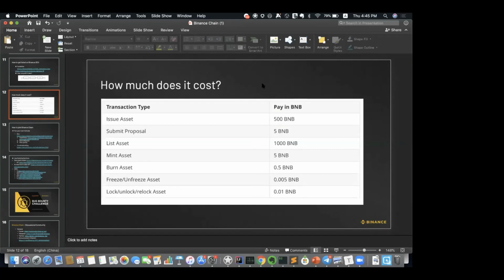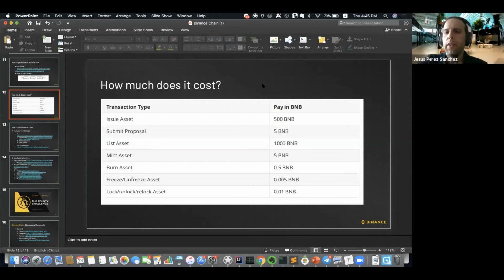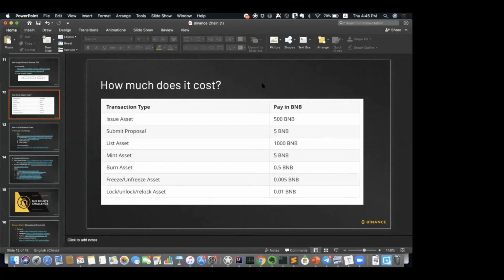So if you are a BNB holder and you trade on Binance DEX, you can get a discount on trading fees. Okay, it's similar to what sometimes happens in the centralized exchange, no? Yes. Also in the centralized exchange, if you hold BNB, there's a feature you can turn on and off to have a discount on your trading fees.